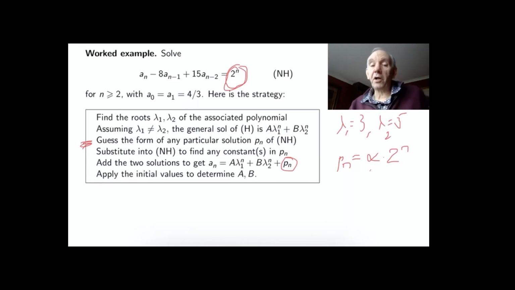Or the roots could even be complex, and there's an example in the lecture notes of what happens if the roots are complex. But if you're interested in that situation, let me give you a very simple example of a recurrence relation in which the corresponding quadratic has complex roots. Let me just take a_n plus a_{n-2} is equal to 0.